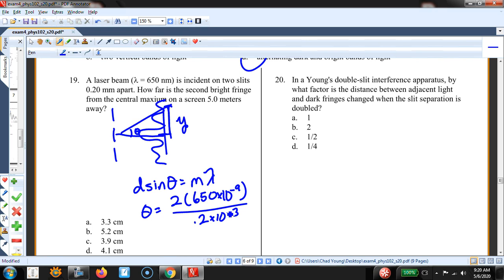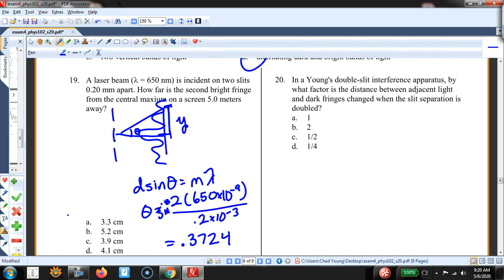I get 0.0065. Right? Oh no, I have to do the inverse sine of it. I get 0.3724. So let me fix something.